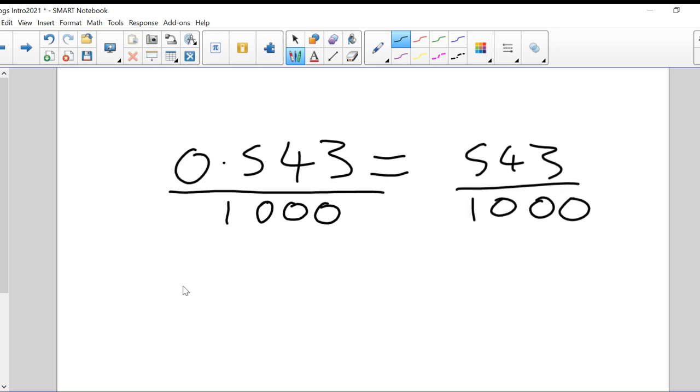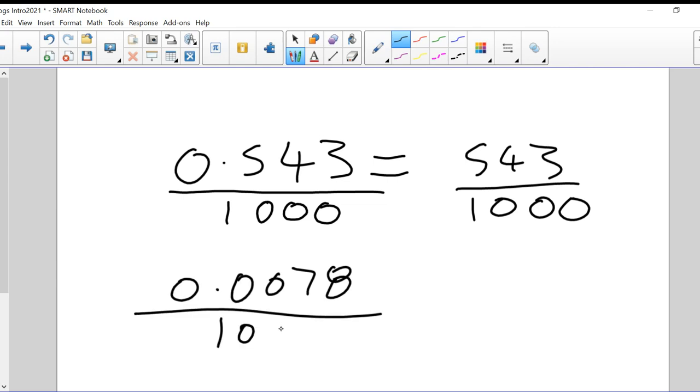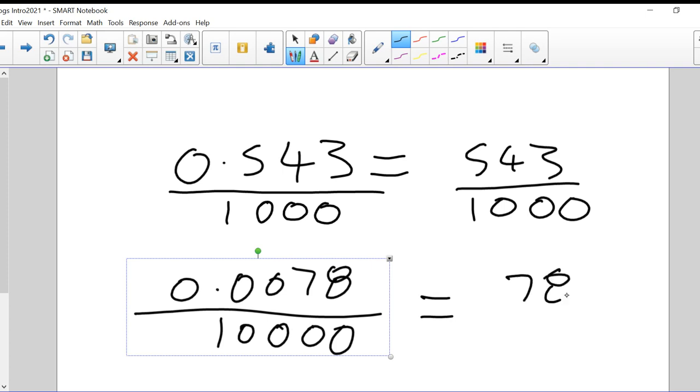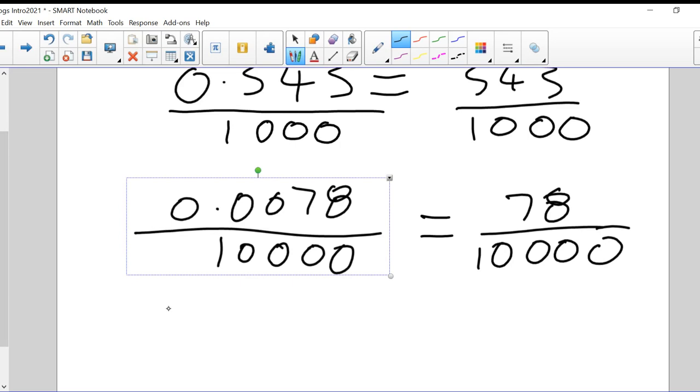Right? So let's try another one. 0.0078. 1 for the decimal, 1, 2, 3, 4. So that would be 78 over 10,000. And then, of course, if you can reduce it down, you should reduce it down. Okay? So the one that we have, Quinn, is 0.01.